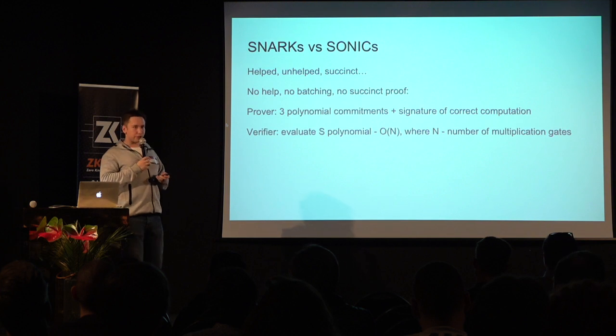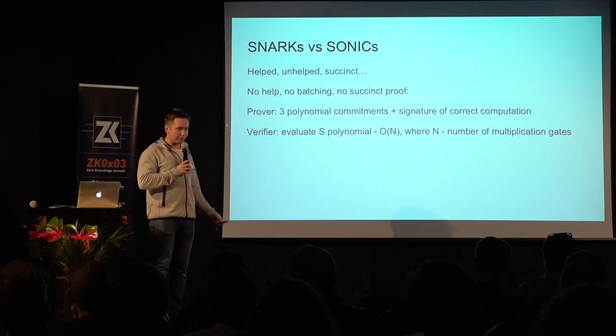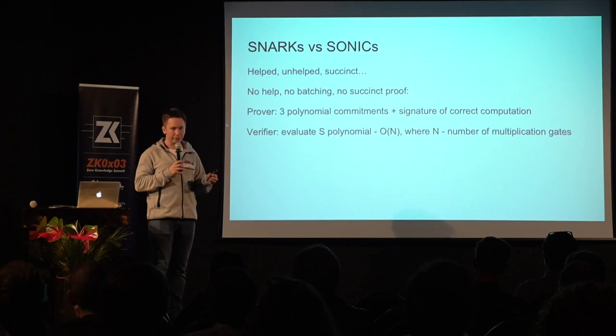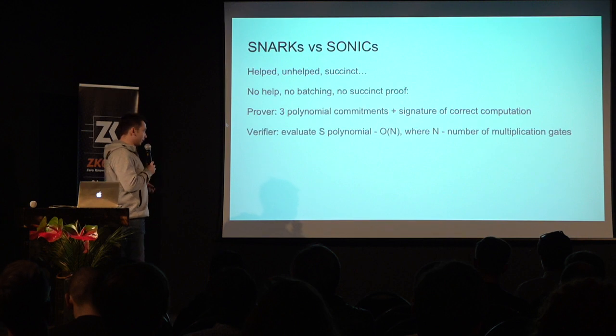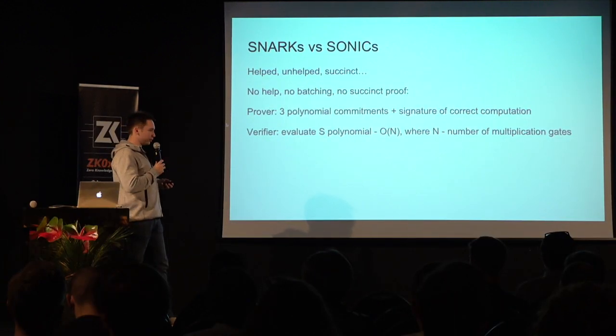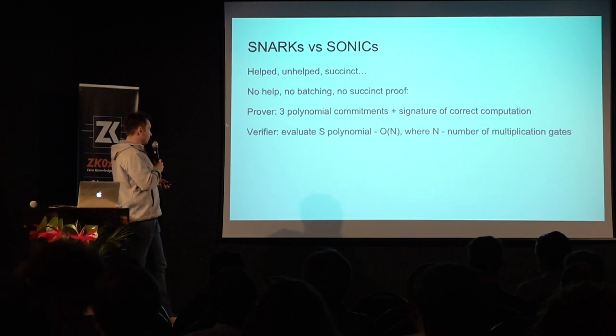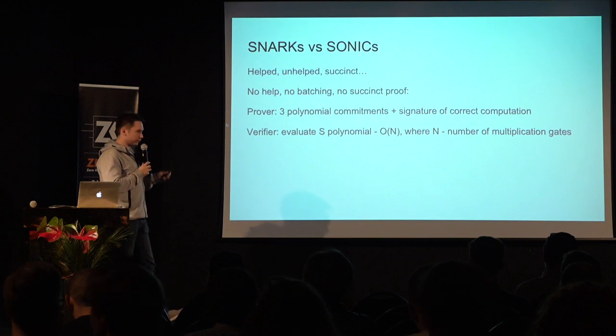Then there was a part of the paper which was much more difficult to understand, which was about the help procedure, and whether the proof is succinct or not. I will go into these details one step after another, structured more or less the same way as in the paper, for the understanding of the audience. So let's say there is no batching, there is no requirement for succinct proofs, it's just one proof which someone needs to prove.